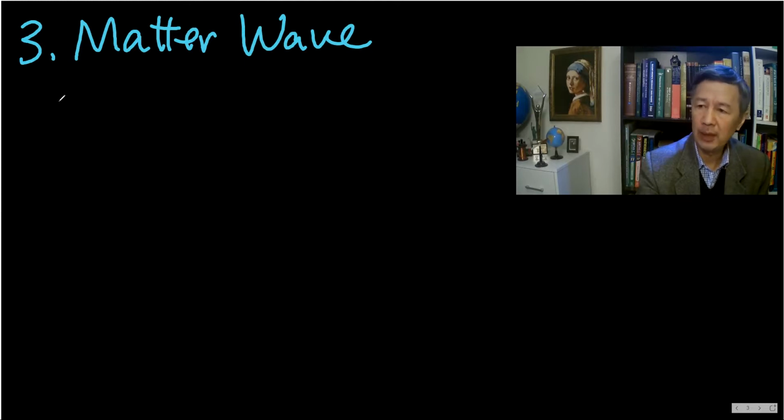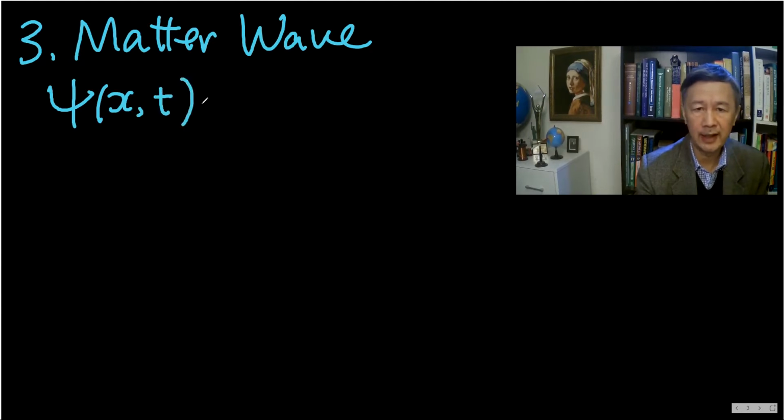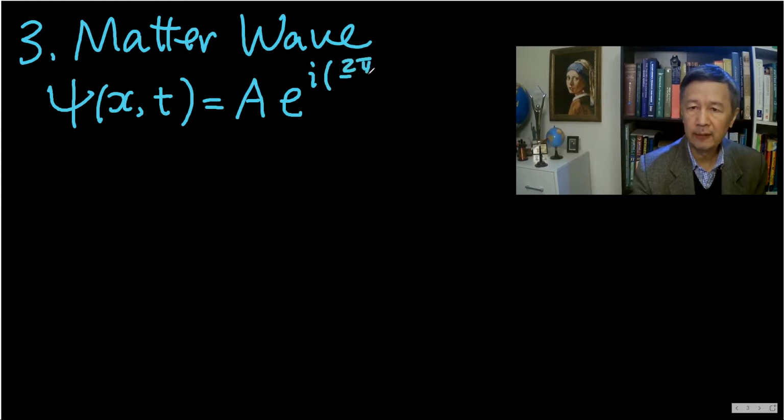So if we just borrow these wave functions, phi as a function of space variable x and time can be written as the amplitude multiplied by e to the complex number i times 2 pi divided by lambda, multiplied by x, take away omega t.